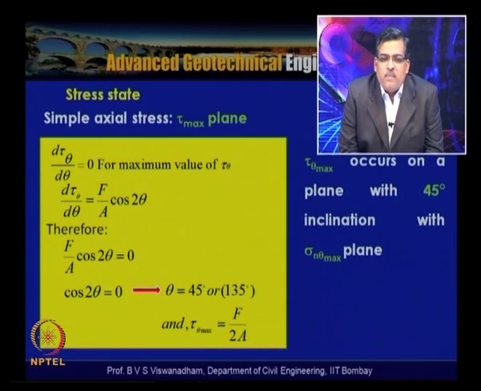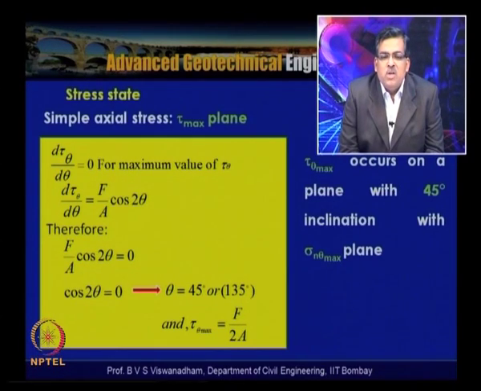tau theta maximum is nothing but F by 2A. So tau theta will be maximum at a 45 degrees angle, or, for a homogeneous material, there will be another failure plane orthogonal to that, which is 45 plus 90, that is 135. So tau theta max occurs on a plane with 45 degrees inclination to the sigma n theta plane.